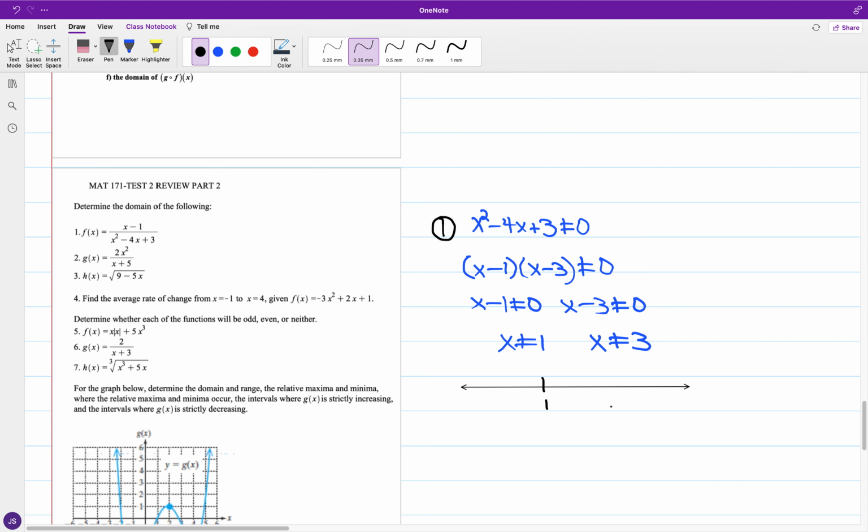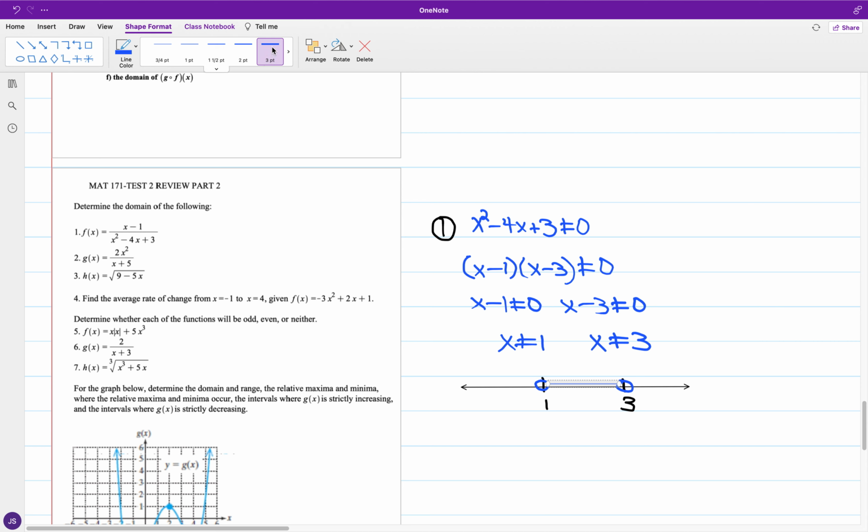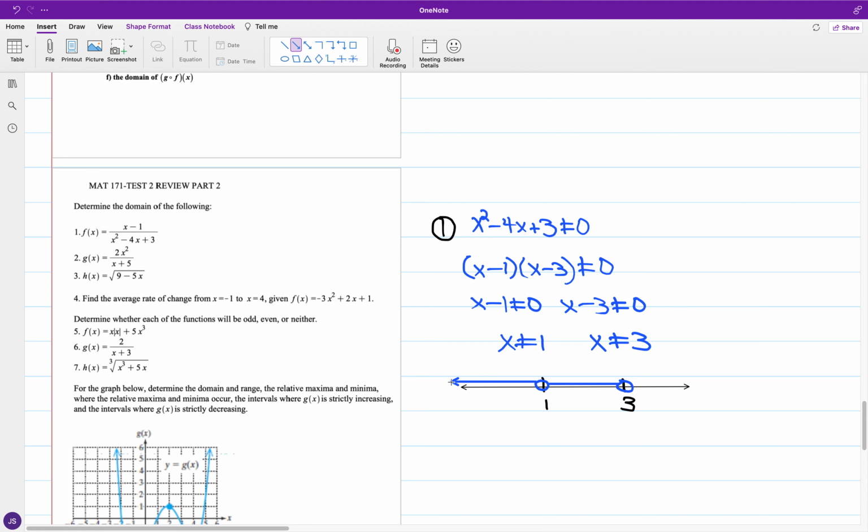You have the values excluded, 1 and 3. 1 is left out, 3 is left out. You have values between 1 and 3. You also have values less than 1 and values greater than 3.